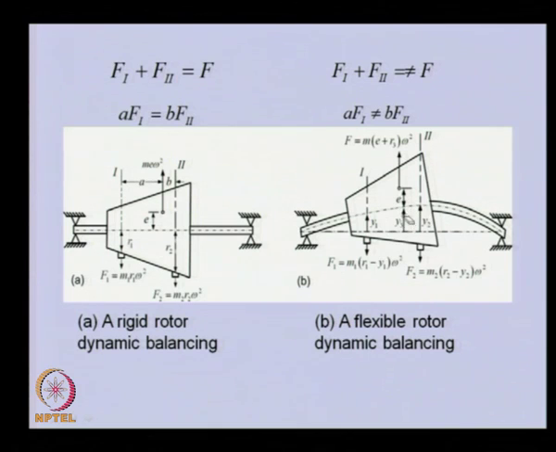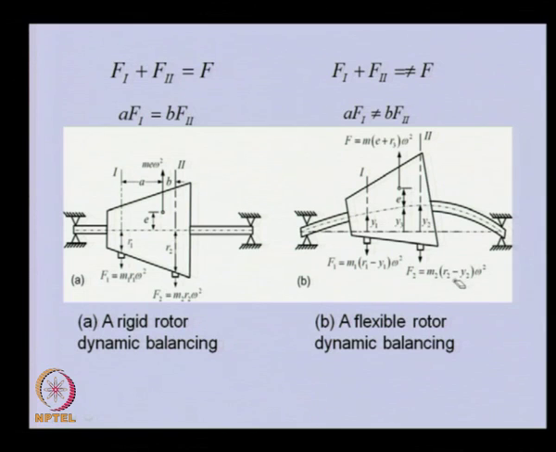Similarly, the effective radial distance of the correction masses from the center of rotation decreases. Earlier it was at the R1 position, now it has become R1 minus Y1. Similarly, for the second correction mass, the radial position has changed.